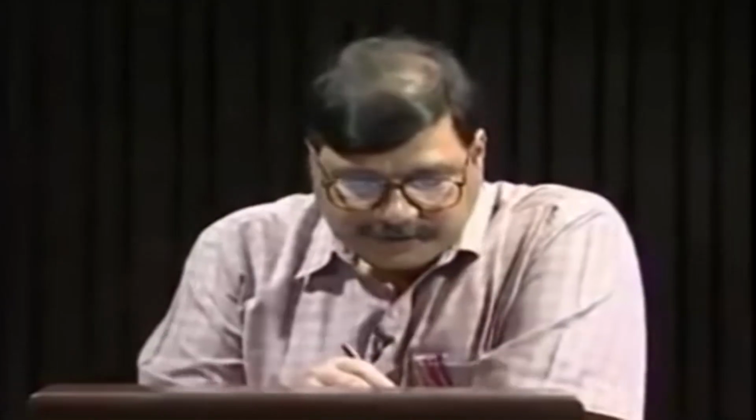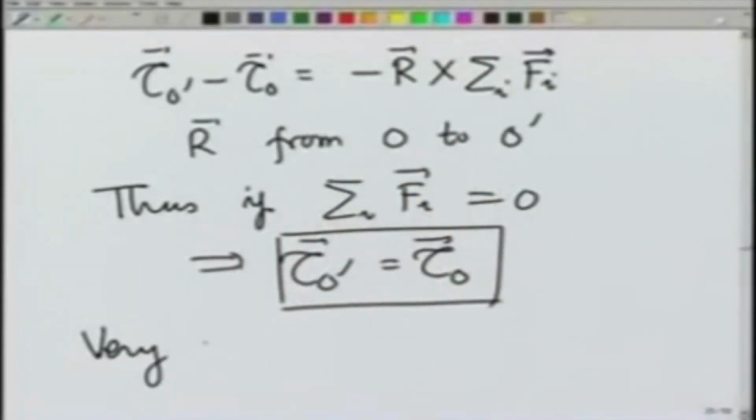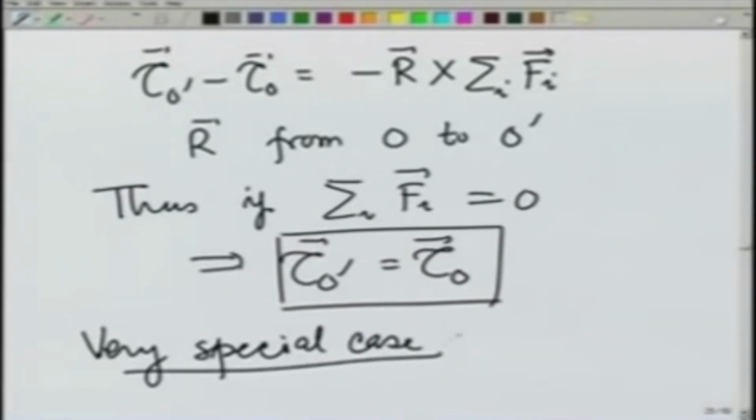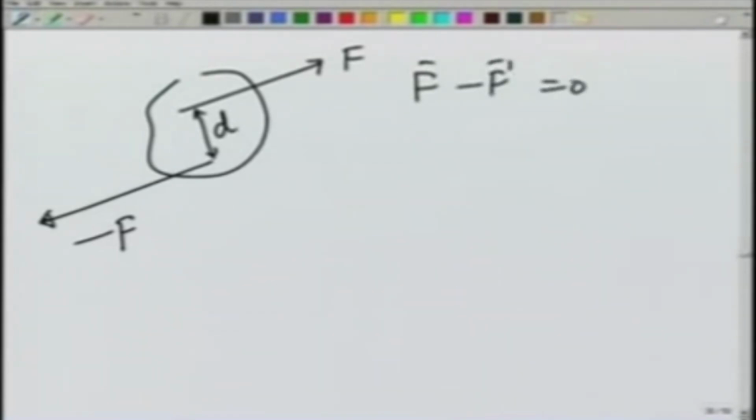A very special case of this is something called a couple, which is used in engineering mechanics quite a lot. And what is a couple? A couple is, suppose I take a body, apply a force in one direction, apply a force in the opposite direction minus F, and they are displaced parallelly from each other by a distance d, then net force F minus F is equal to 0, and the torque need not be 0 because the forces are displaced from each other.